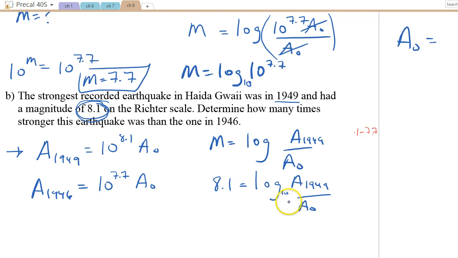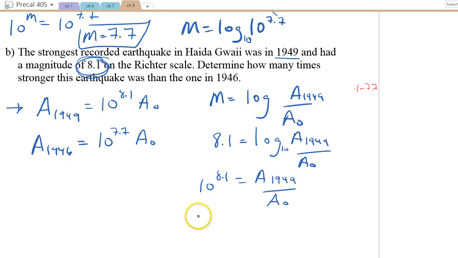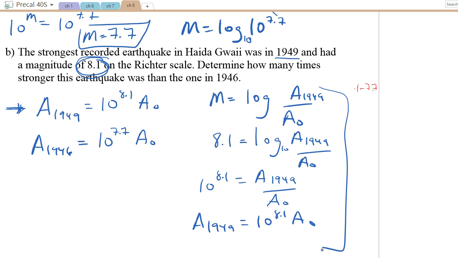So if I change this to exponential form, 10 to the power of 8.1 is equal to this ratio of the 1949 amplitude divided by the standard. So if I multiply both by the standard, then I get the amplitude in 1949 is equal to 10 to the power of 8.1 times my standard. Okay, so this is sort of in long form. That's how you can prove this statement right here.